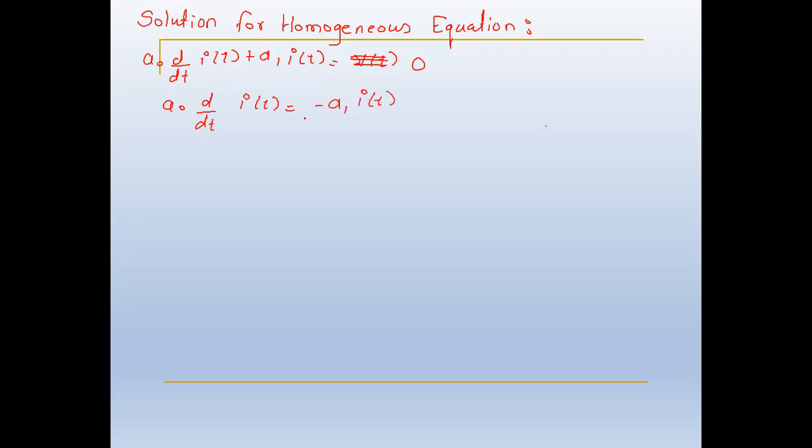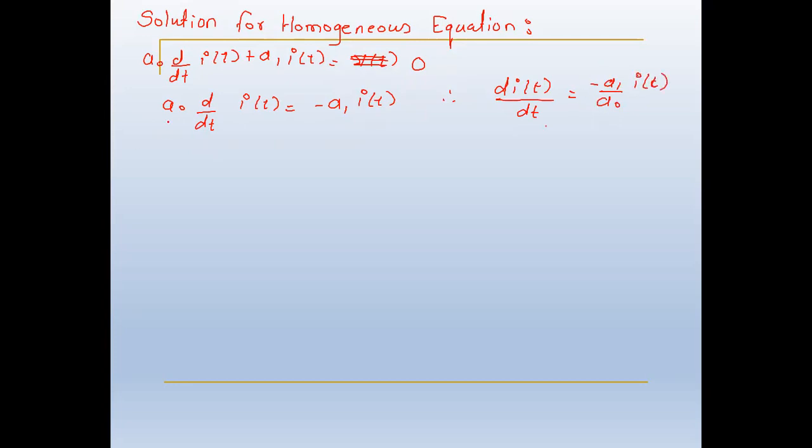If we transfer the variables and take I of t as a common term, then di of t by dt is equal to minus a1 by a0 I of t.